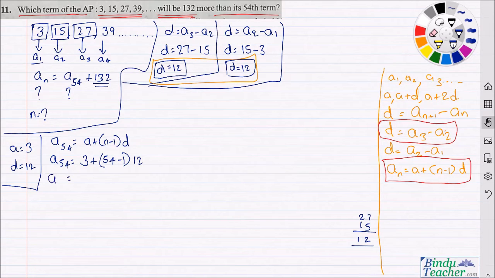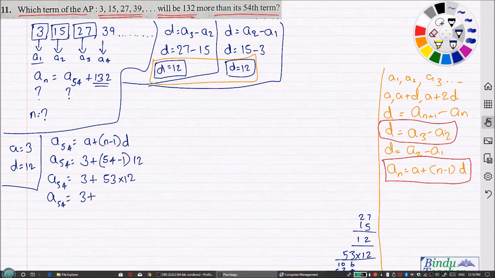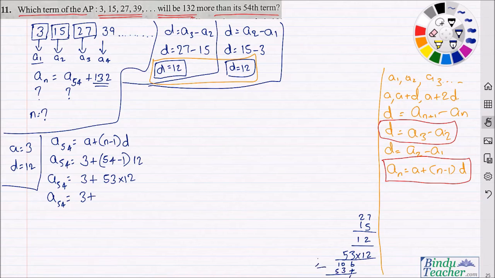Simplifying this, we get a of 54 equals 3 plus 53 into 12. Okay, so let's multiply 53 into 12. We have 2 into 3 is equal to 6, 2 into 5 equal to 10, plus 1 into 3 is equal to 3, 1 into 5 equal to 5. So we get 6, 3 and 6.